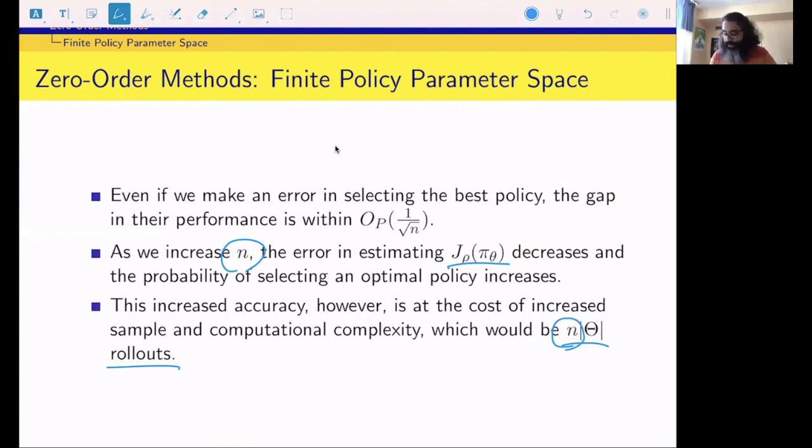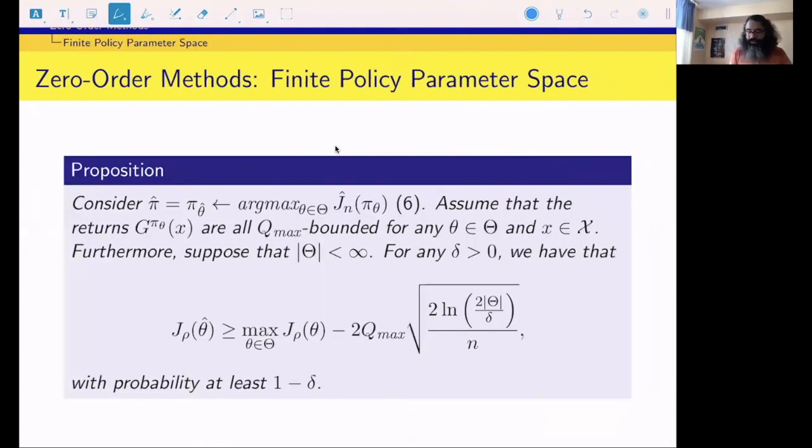Okay, so what I argued visually can be formalized, basically saying that under some assumptions, consider the policy that we find by optimizing J hat of n, and assume that all returns are Qmax bounded, which is an assumption to make things easier. We can relax it.